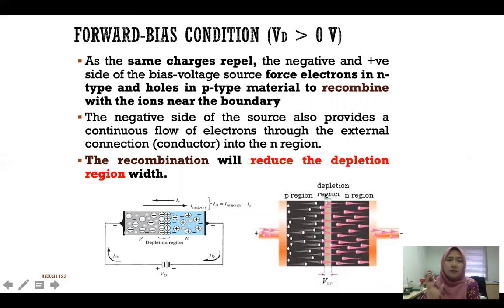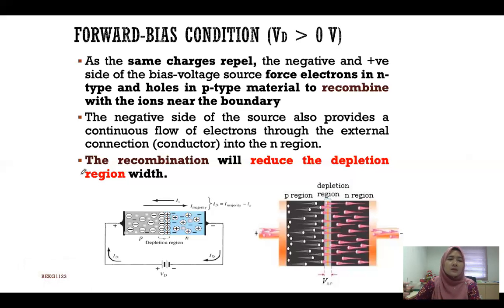So what happens in forward bias condition is, you know that the same charges repel, like the characteristic of a magnet. So same charges repel, different charges attract. So as the same charges repel, the negative and positive sides of the bias voltage source force the electrons in the N-type and holes in the P-type material to recombine with the ions near the boundary.